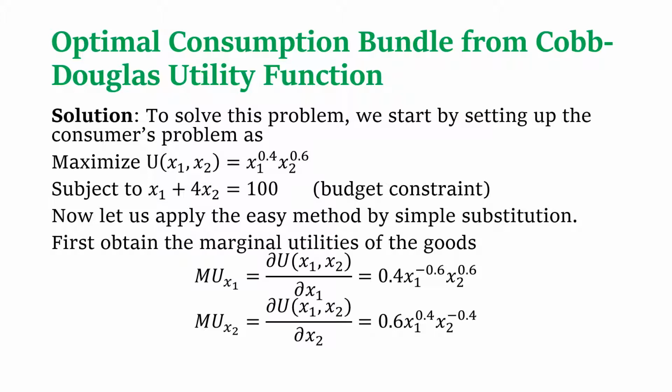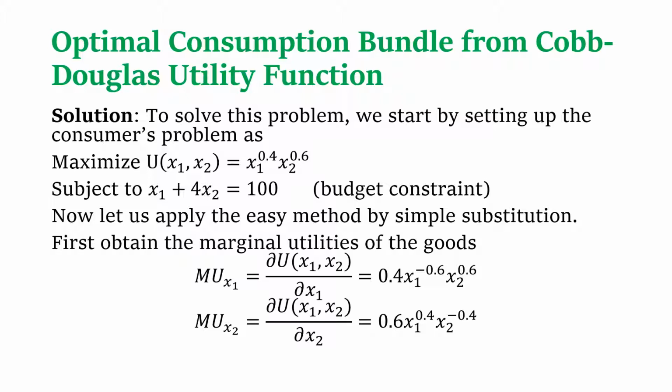That is to say, if the marginal utility per dollar spent on good 1 is the same as the marginal utility per dollar spent on good 2, then the consumer is in equilibrium. That is the essence of doing all these. Because if we don't know the marginal utilities here, there is no way we're going to obtain the optimal solution for this consumer. So this is very, very important.